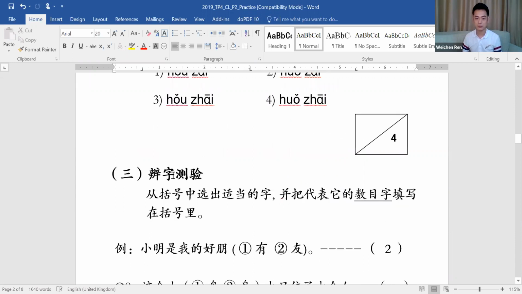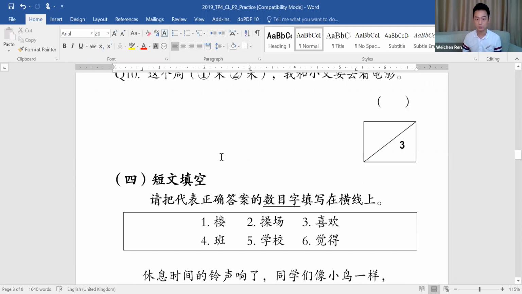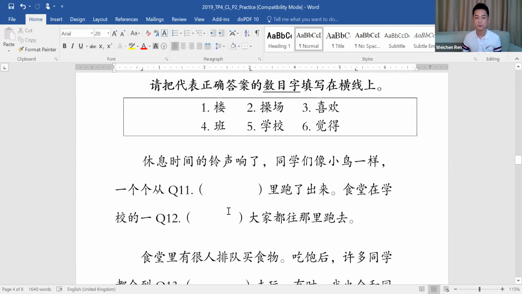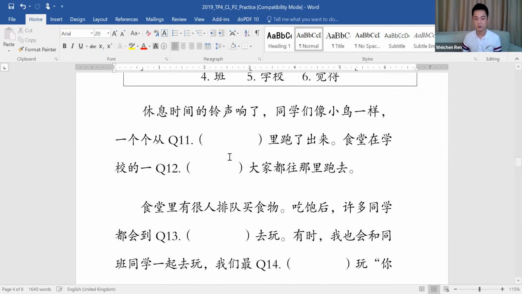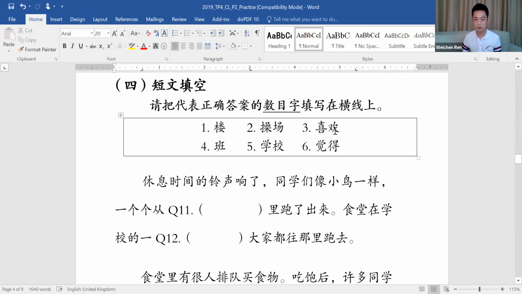After this, we are going to have this choosing the correct word exercise, which is exactly the same as primary 1. Then we will be having this fill in the blank in a passage, where we take out some of the words from the sentences, and you are supposed to find the correct word to fill into the sentence, to make the sentence complete and fluent.